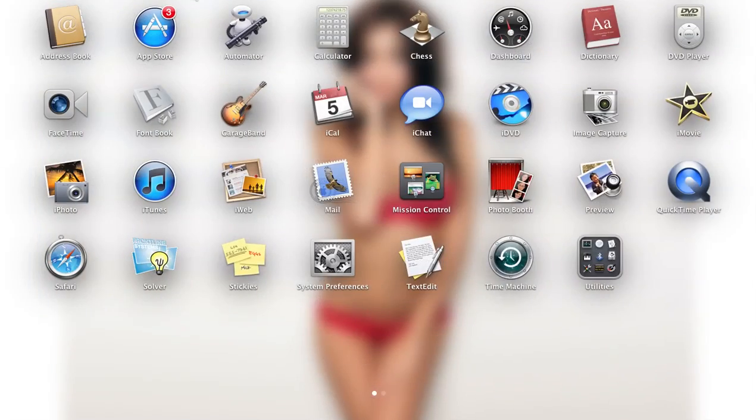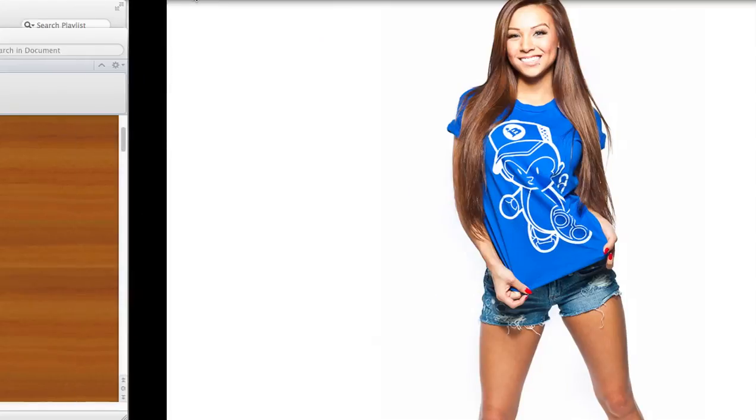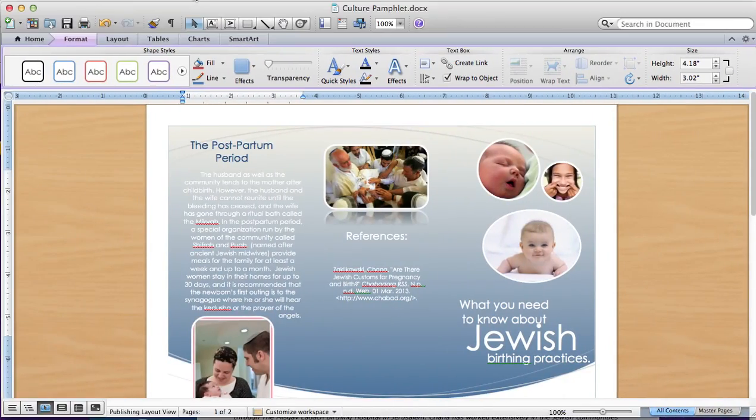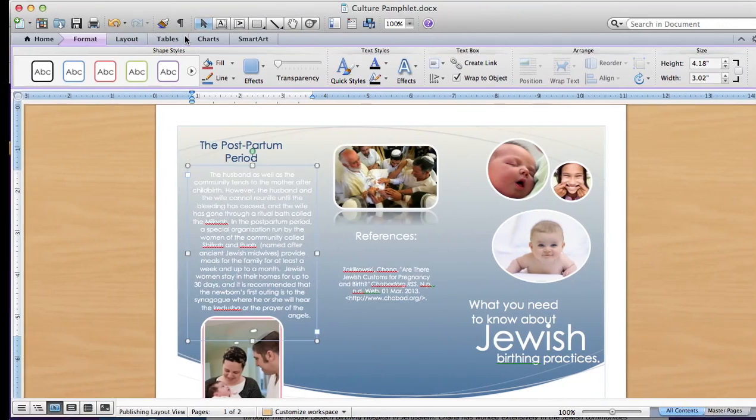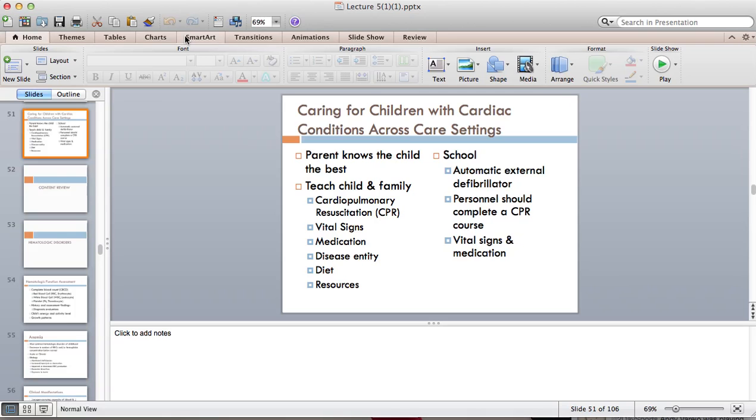For the school also, we have to do this in collaboration with the school personnel. The school needs to be aware, because some of those medications may be given at home. The primary care physician and the cardiologist should also be on the case, in addition to all other specialists involved.